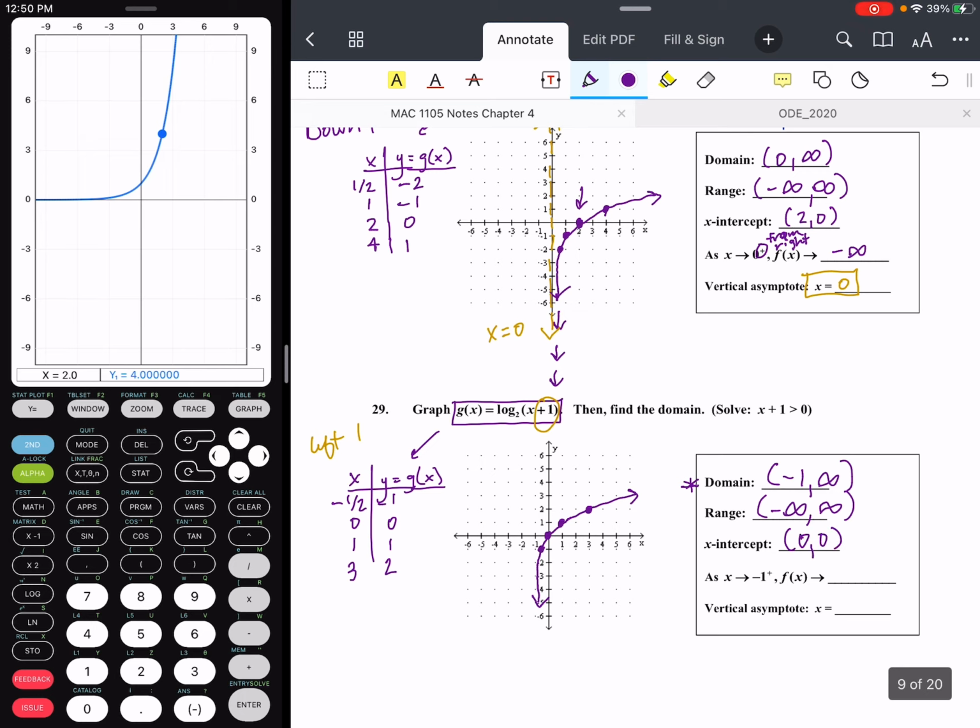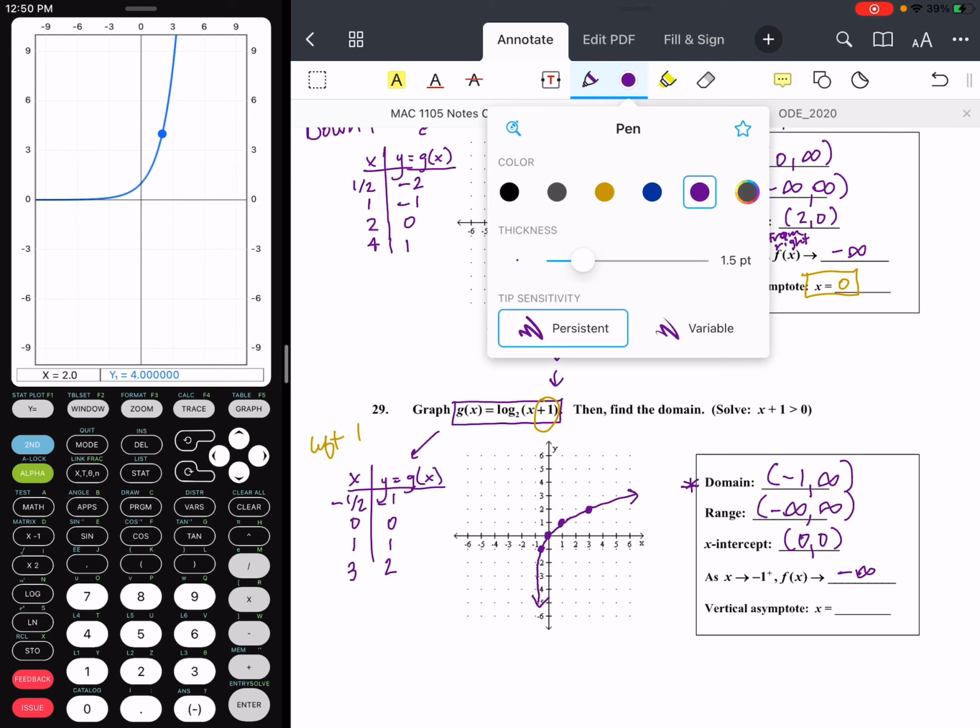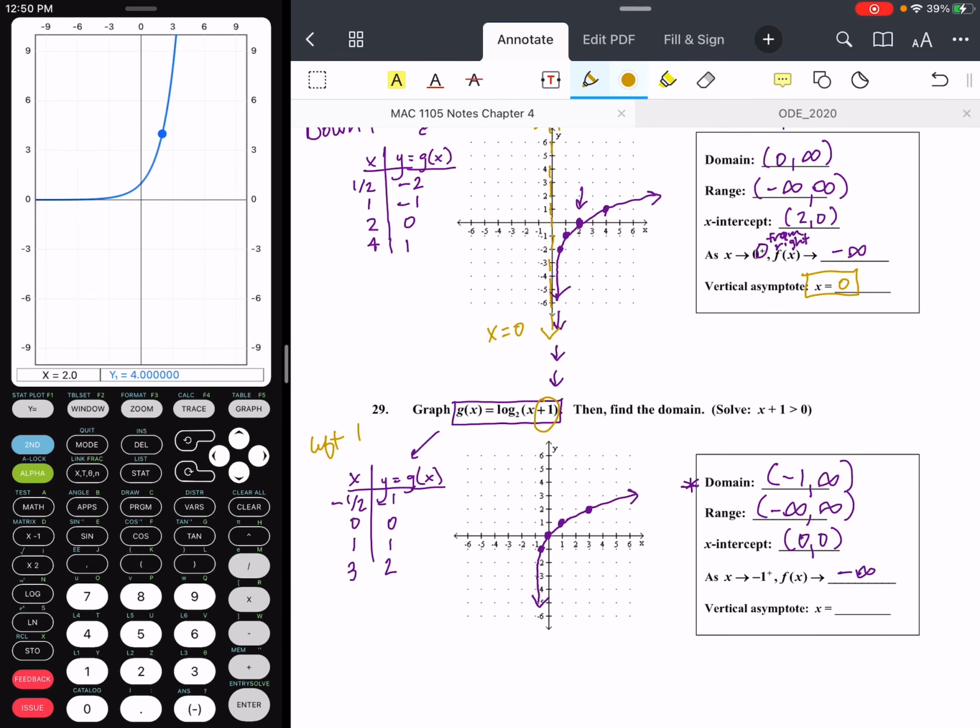And now as x approaches -1 from the right, our function approaches negative infinity. And that means that our vertical asymptote has shifted over. In previous examples, it was x equals 0. Because of this horizontal shift, now we have the vertical asymptote x equals -1. So our vertical asymptote is x equals -1.